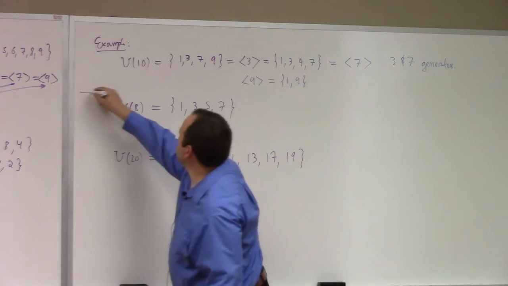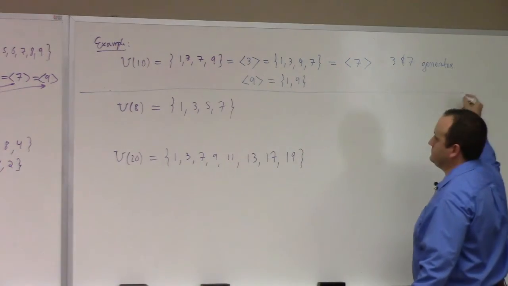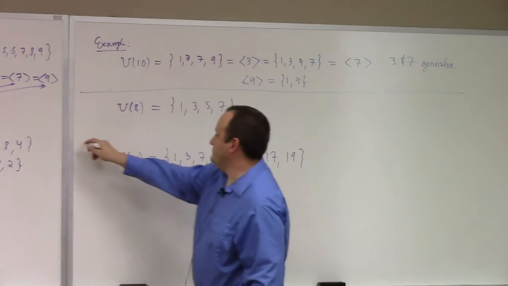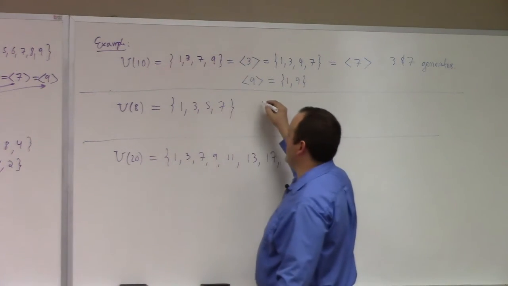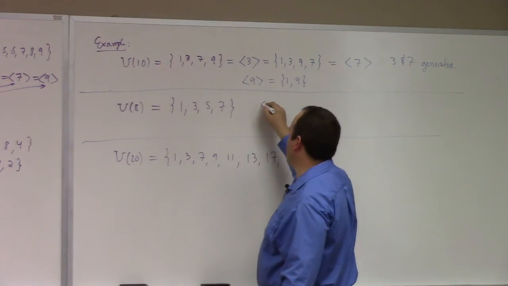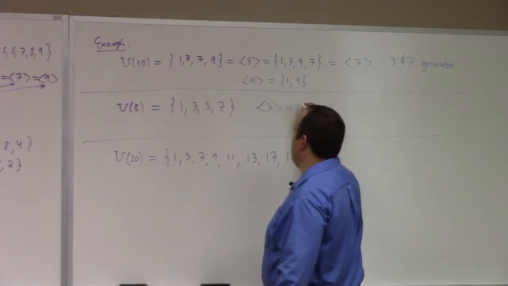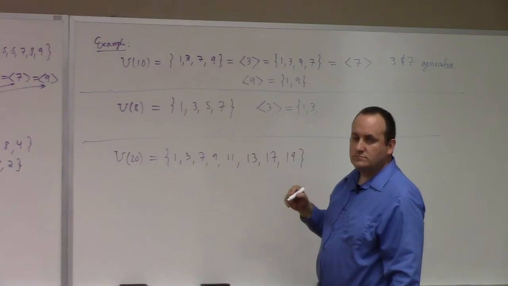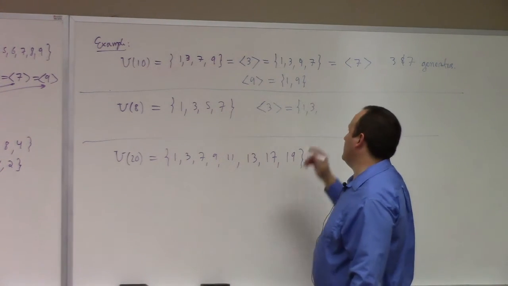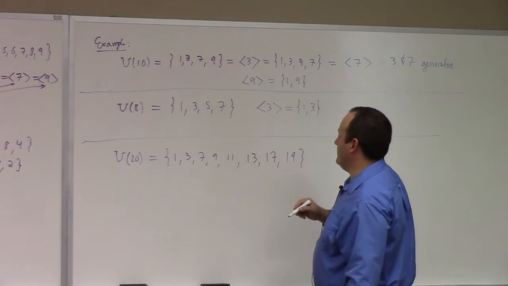How about U8? Let's go to town here. If we look at the subgroup generated by 3, what do we get? 1, 3. What's 3 times 3? 9. Oh, no. So that's it. Well, that's not going to do it.